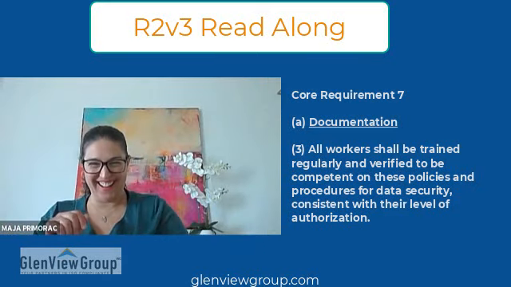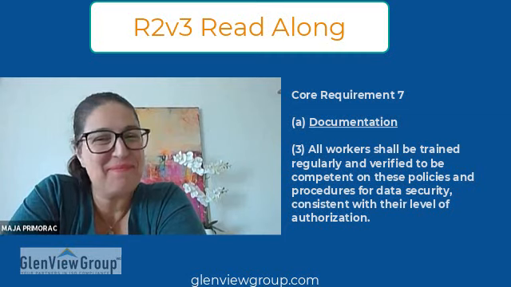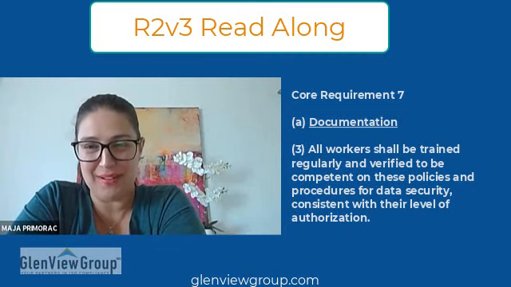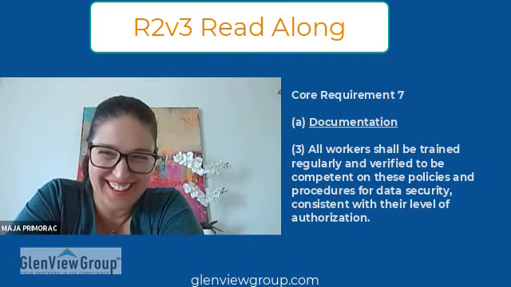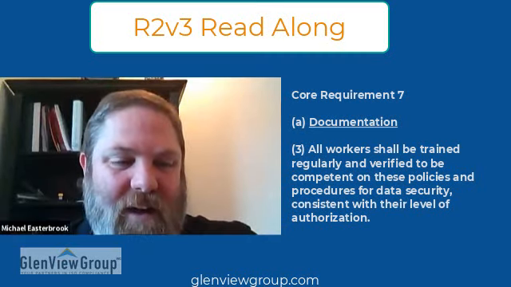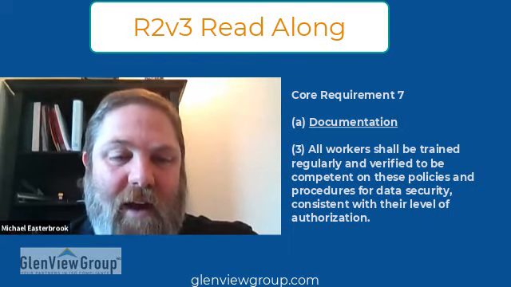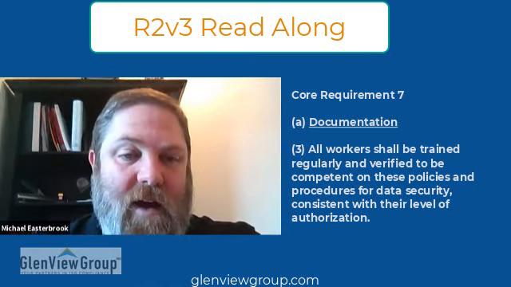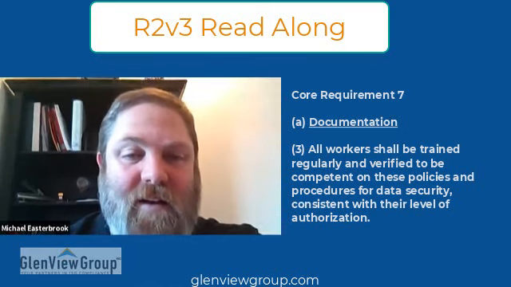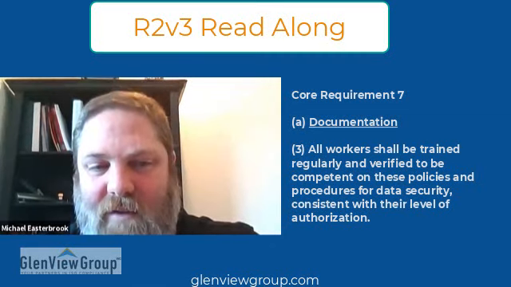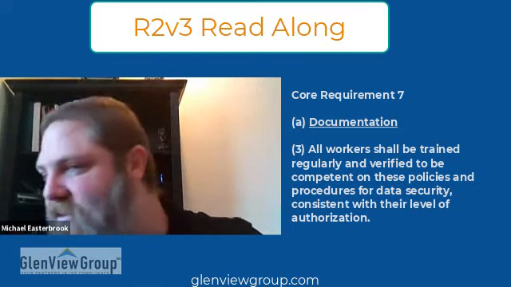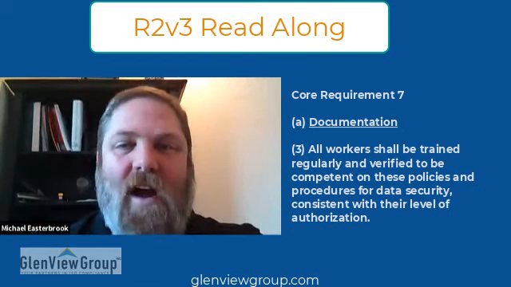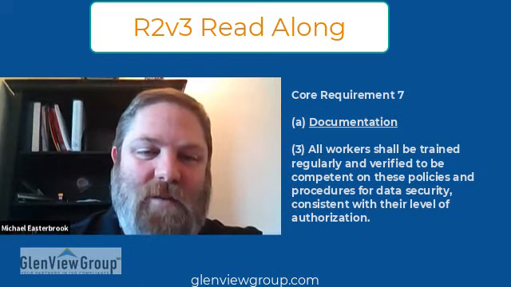Before, training was necessary to be done regularly, and also to verify their competence, right? The only added element here is consistent with their level of authorization. So that means you need to define various levels of authorization, which is done already as part of this very comprehensive data sanitization plan.